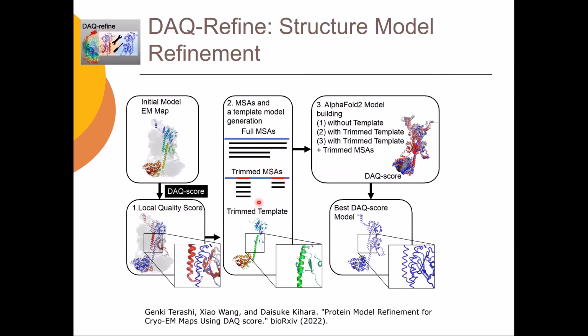So to let AlphaFold model only those potentially wrong regions, we cut the multiple sequence alignment and also provide a partial template. To AlphaFold, we only provide the very confident region as a template from this model, and only provide the multiple sequence alignment for the local region which has a low DAQ score.